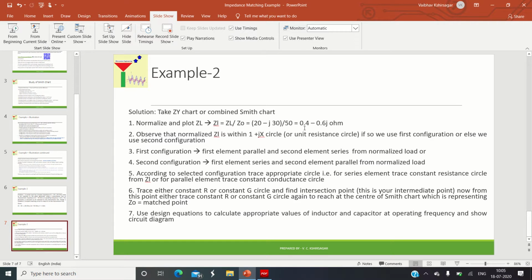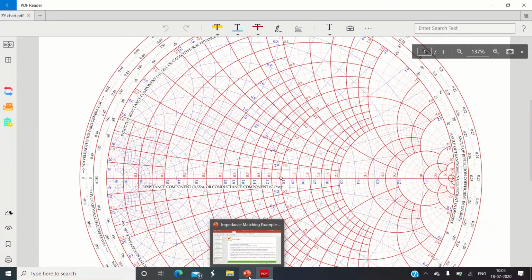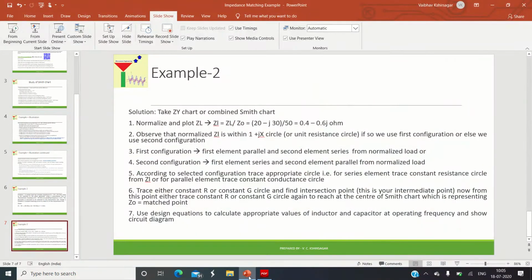Negative reactances are located on the downside, please remember. In earlier tutorials you already learned how to read real and imaginary values on the Smith chart. So the real part is 0.4 and the imaginary part is 0.6, and please remember we are plotting impedance, so we treat this ZY chart as an impedance chart, though it represents both charts. The step now is to plot the normalized value 0.4 minus j0.6.